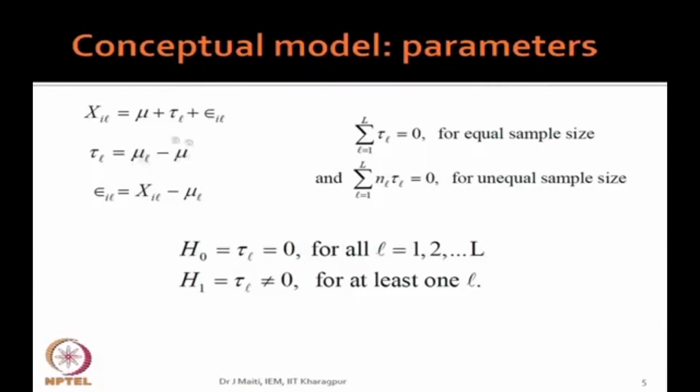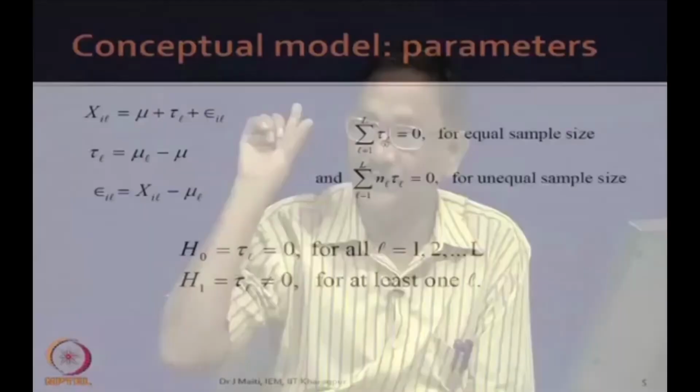So, this is mu L minus mu, that means the mean of the Lth population minus the grand mean, and the other one, epsilon IL, that is the error part, is calculated like this. On the right-hand side there are two conditions given. One is the sum over L equal to 1 to L of tau L equal to 0 for the equal sample size case, meaning when you collect the same sample size from the L populations, their total effect will be 0.